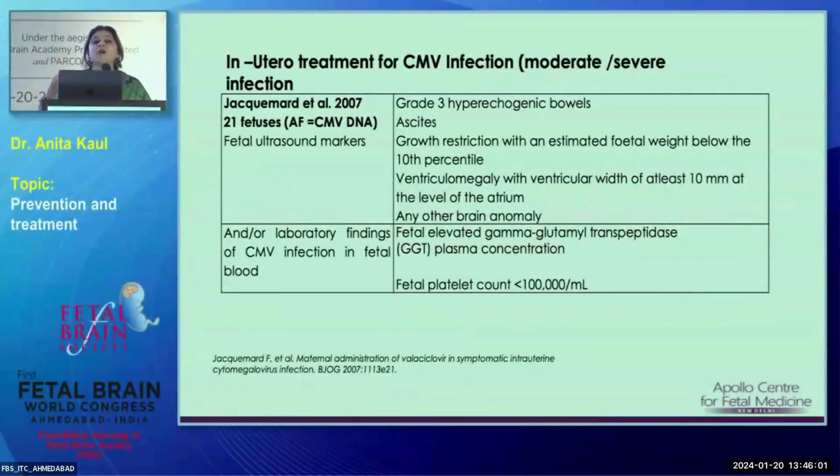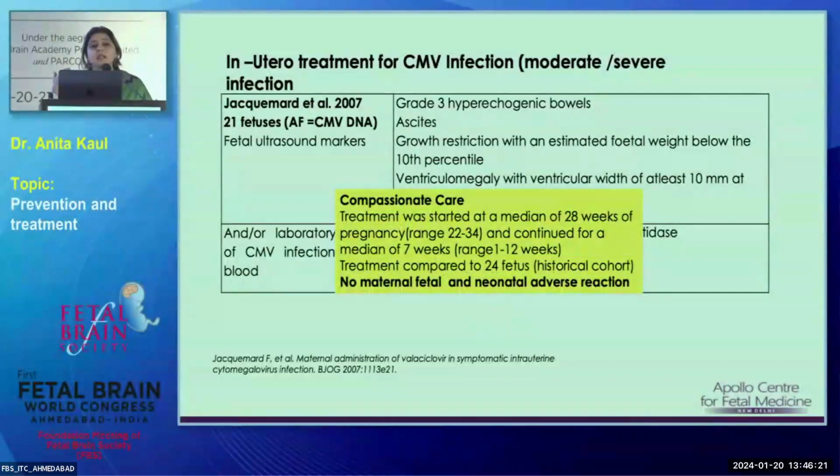The doctors thought, if we are telling these parents, you have these really terrible findings, you've got CMV, hyperechogenic bowel, ventriculomegaly, and they're choosing to continue, then should we do something?